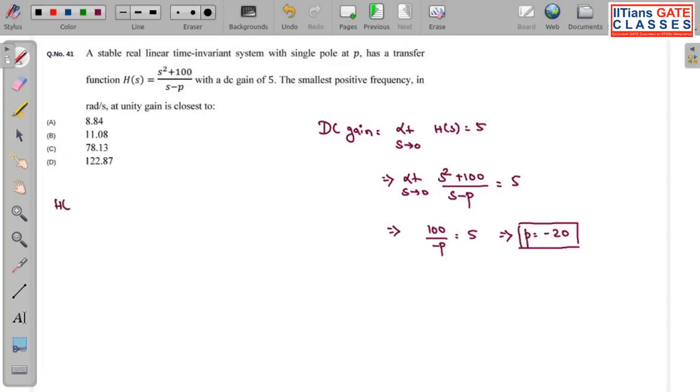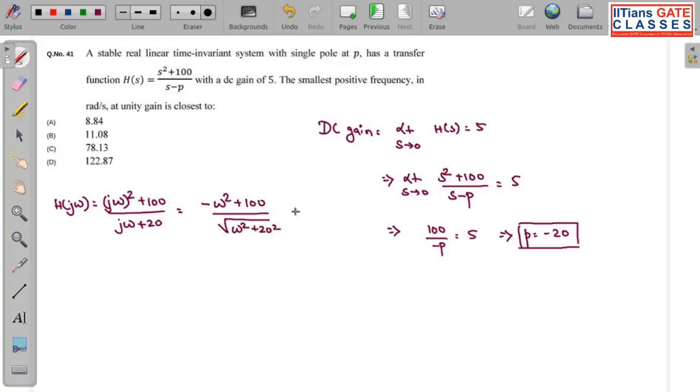So, H of j omega is (j omega) whole square plus 100 divided by (j omega plus 20), minus minus gets plus. So, now this will be (100 minus omega square) divided by under root of omega square plus 20 square.